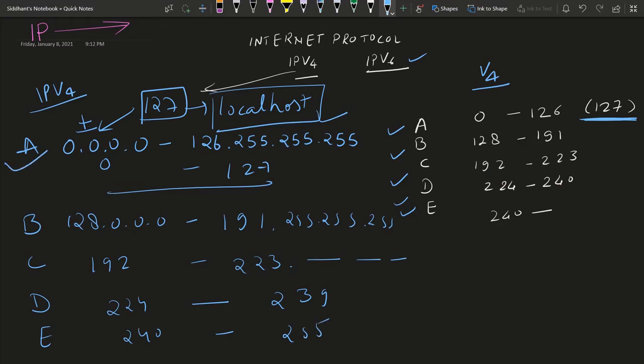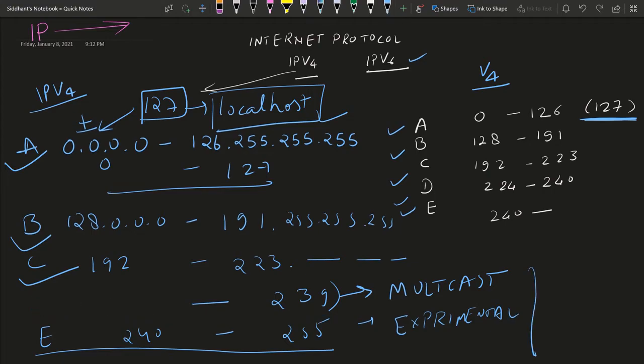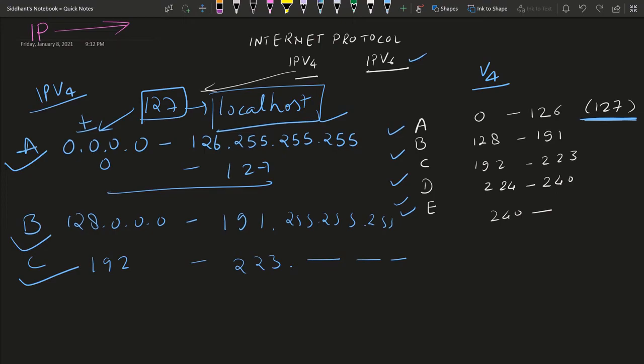In real life, we only use class A, B and C addresses. We don't use class D or E addresses for a local device, because class D is reserved for multicast addresses, and class E is reserved for experimental purposes. So we don't use these two classes, we only use these three classes. We need to know more and more about only these three classes, not class D and class E. You can remove them from the stack.